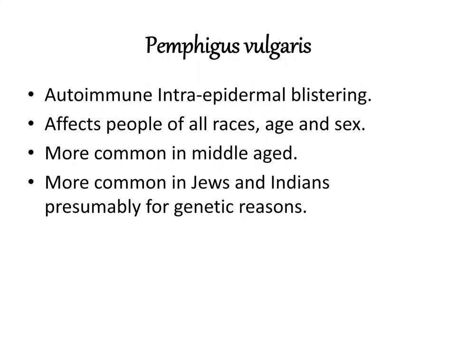Pemphigus affects people of all races, age, and sex, but in the South Asian region, pemphigus is commoner. In Western countries, bullous pemphigoid is common as a blistering disease, but in our region, it is pemphigus vulgaris. Vulgaris is the common form. It's more common in middle age, so not in the elderly like pemphigoid.